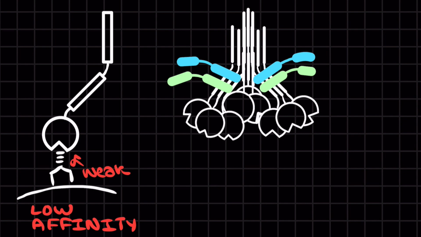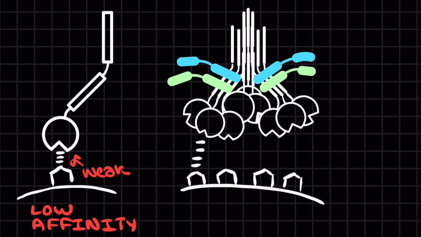But what I want to draw our attention to is the many different subunits we have combined, meaning that when we have a pathogen surface that will be covered in these mannose sugars, in these other ligands for MBL, we have several different binding events happening at once, which leads to, in total, a very strong connection between the MBL and the pathogen surface.